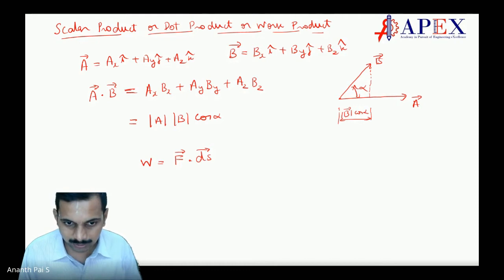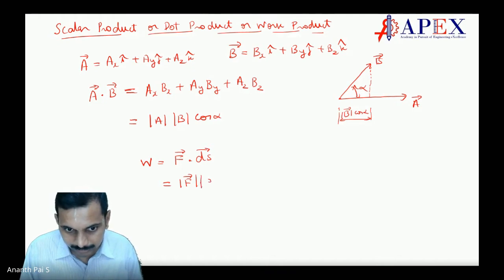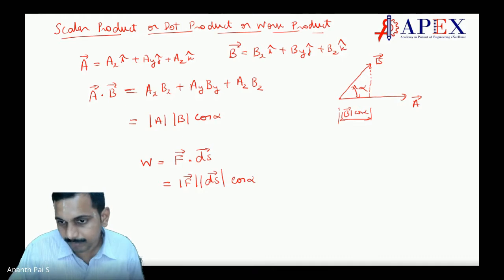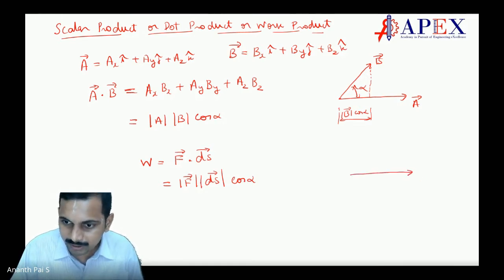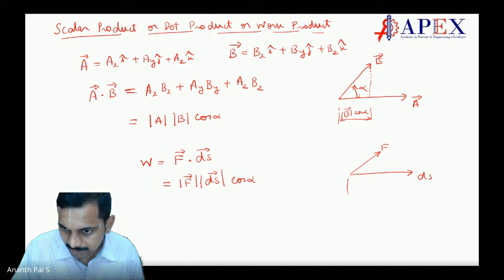This can be written also as F into ds magnitude into cos alpha. Say this is the force and this is ds or s, and this becomes alpha.